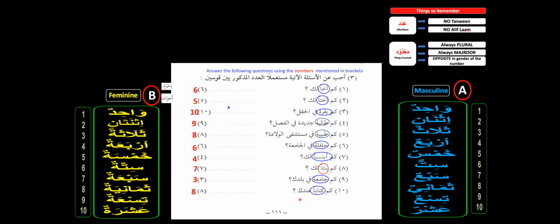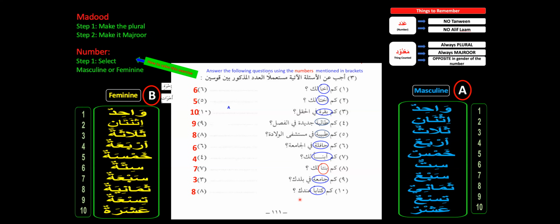So, what's the answer for 6? How will we say? What's the procedure to do that? Your ma'dood, what you're counting, is brothers. Make it plural and make it majroor, and then select the number. Is it going to be masculine or feminine? So how many brothers you have?